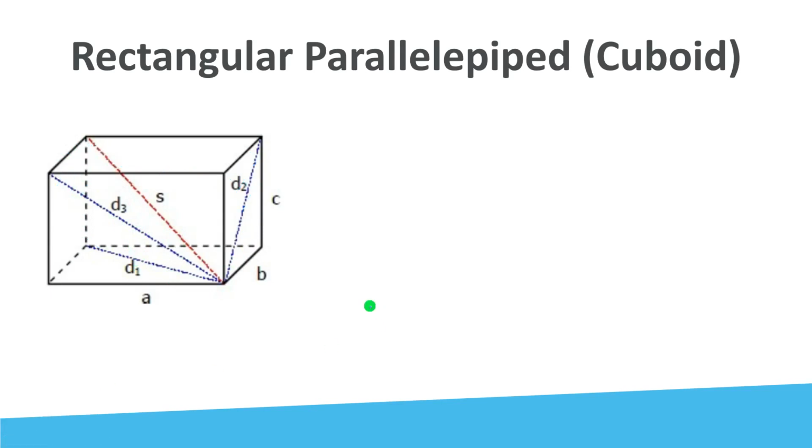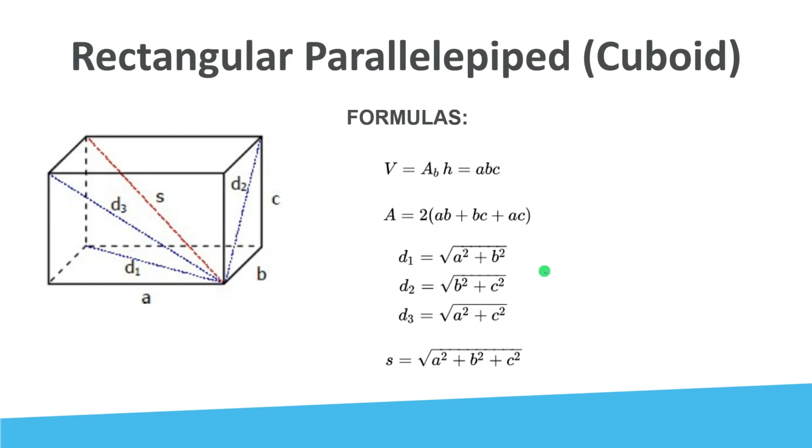The same formula applies in deriving the solution of the volume, the surface area, the face diagonals, and the space diagonal. We just use the Pythagorean theorem by forming right triangles along this solid. For the volume, we have this formula A times B times C, or the length times width times height. The total surface area, just compute the area of all the lateral faces and the other two opposite faces.